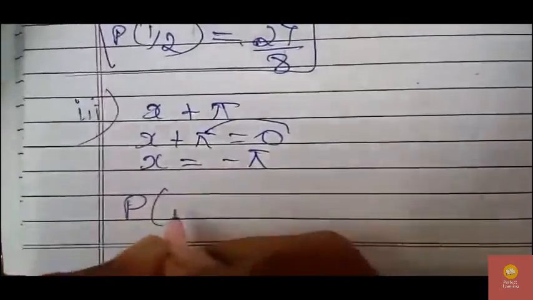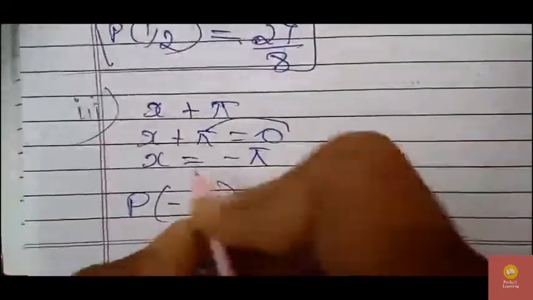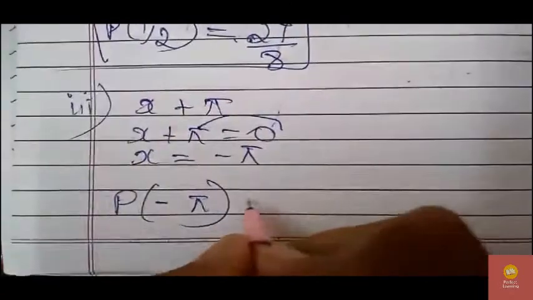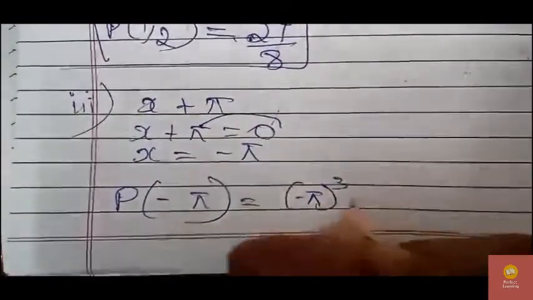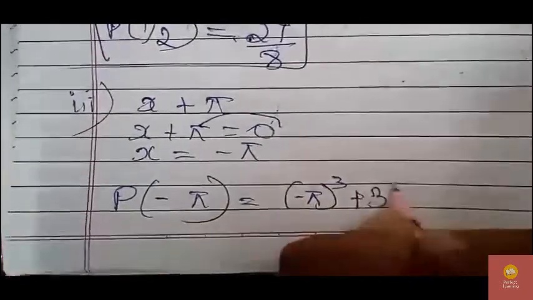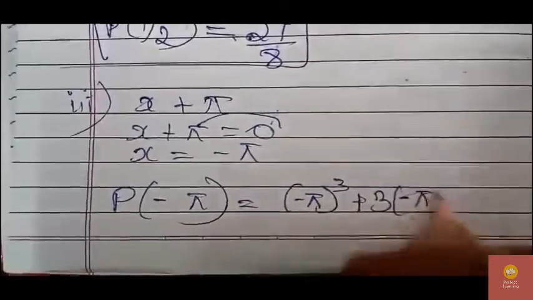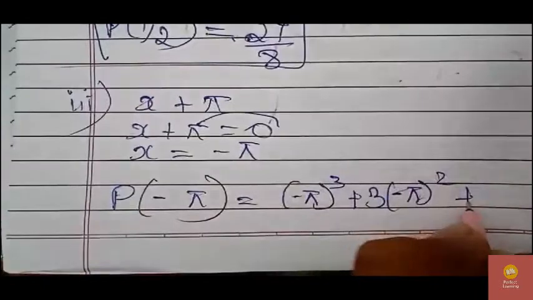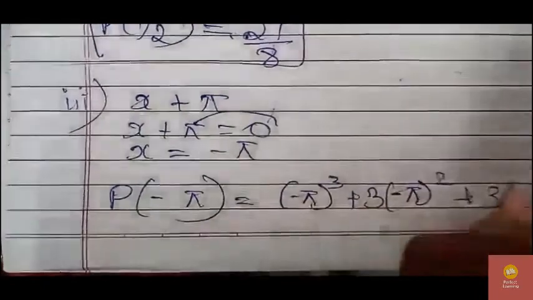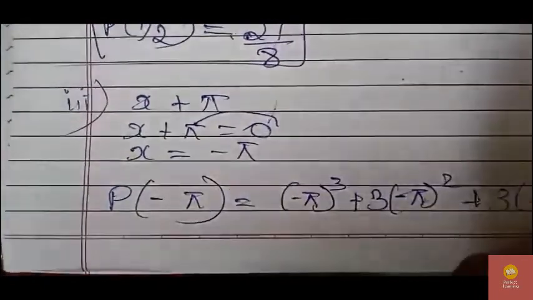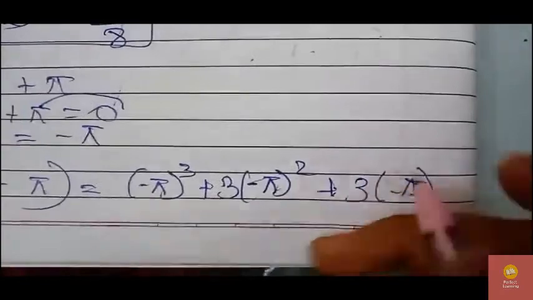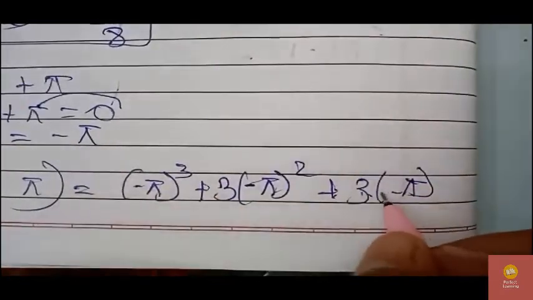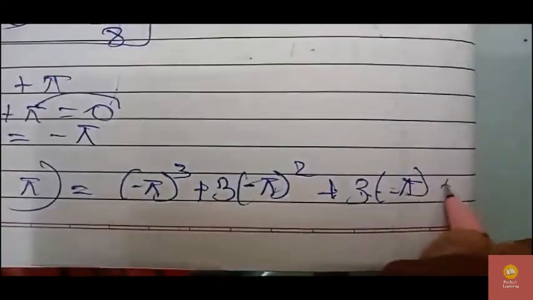Now write p of minus pi is equal to minus pi cube plus 3 into minus pi square plus 3 into minus pi plus 1.